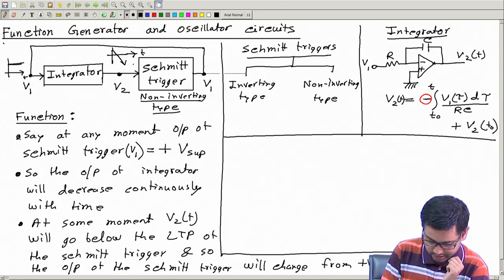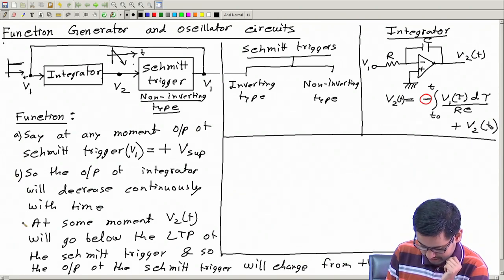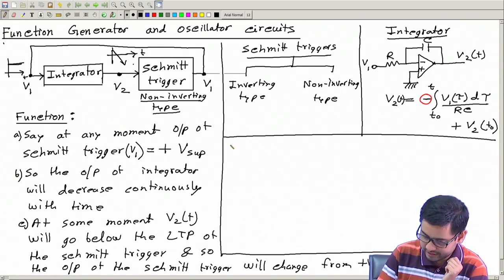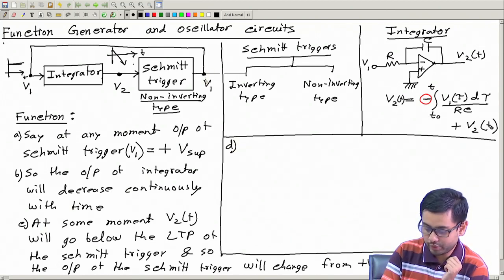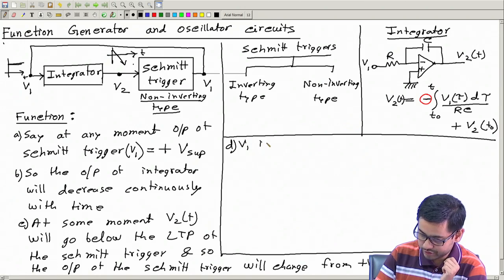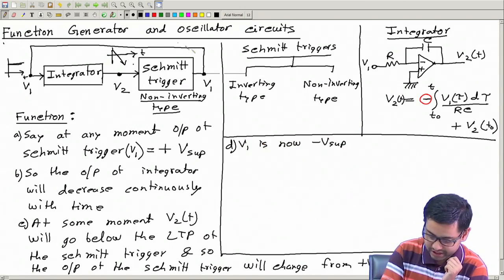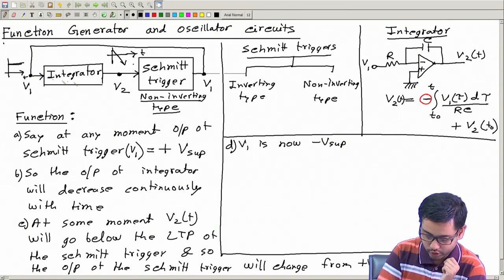So if I number these steps A, B, C, then D. Now the output is negative. So V1 is now negative, which comes here. And so what will happen?